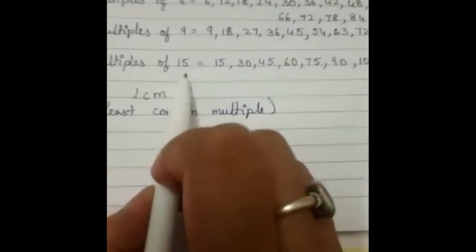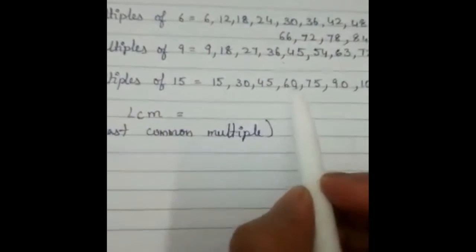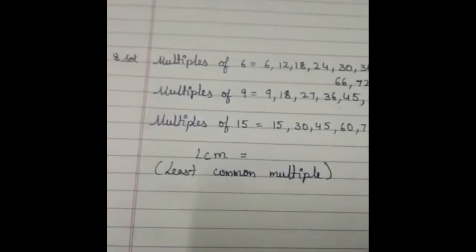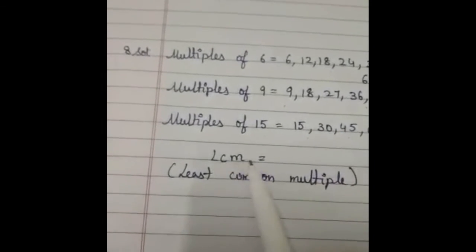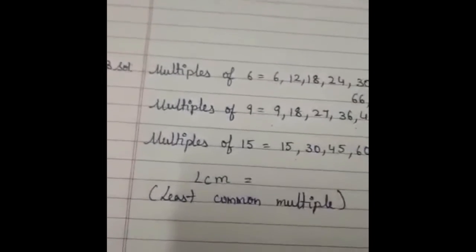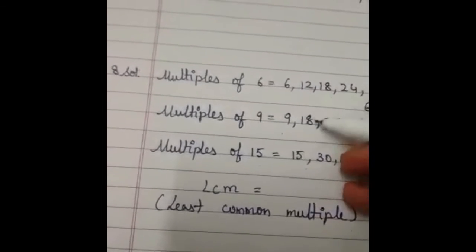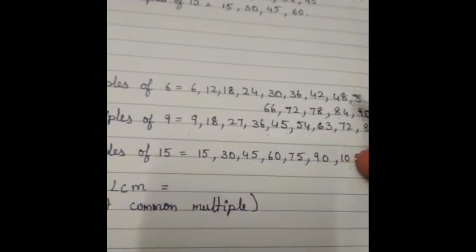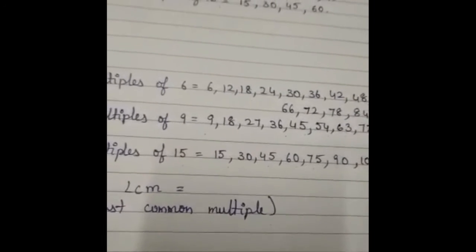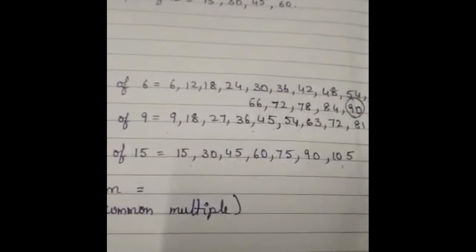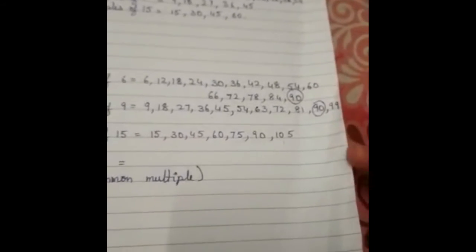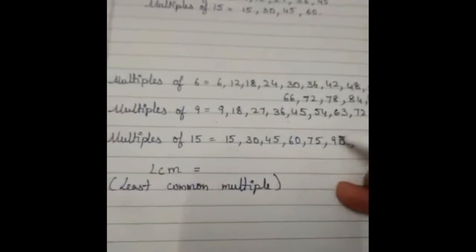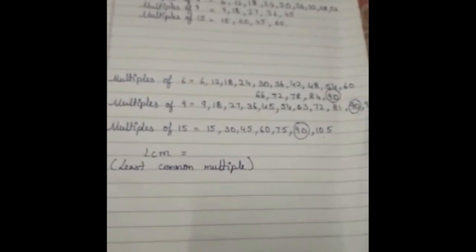Next, the multiples of 15: 15, 30, 45, 60, 75, 90, 105. Now we have to find the least common multiple. What are the common numbers here? 18 is in the multiples of 6 and 9, but in the 15 table we do not have 18. Here we have 90 in common: 90 is in the multiples of 6, in the multiples of 9, and in the multiples of 15. So what are the common multiples?